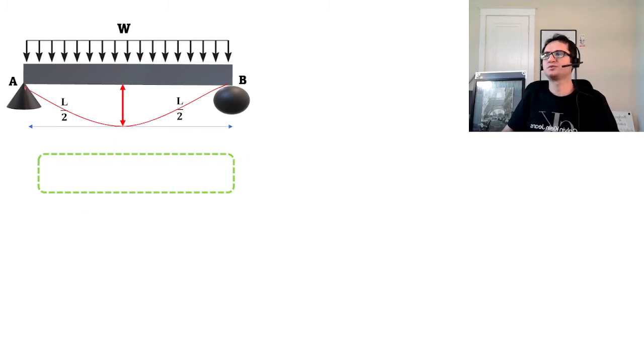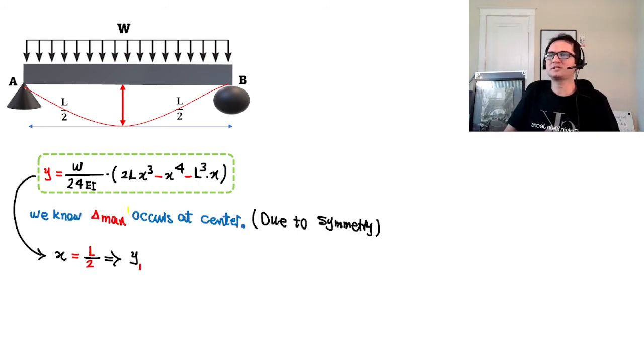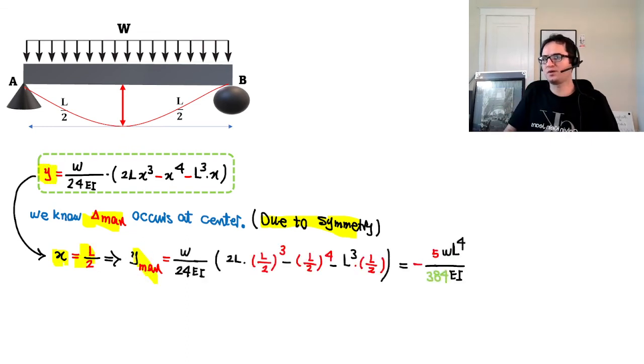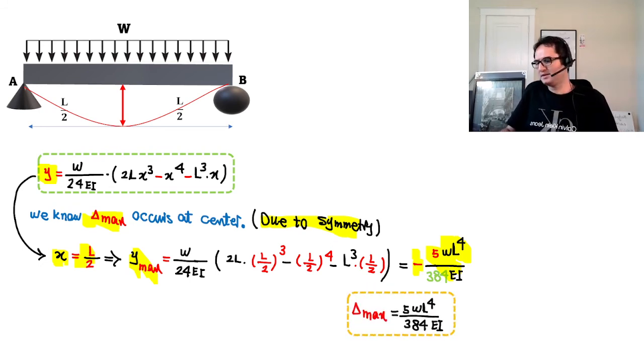Delta maximum, due to symmetry, happens at the center, so x is equal to L over 2 in this equation. Then y max is, as we already talked about, negative 5WL to the fourth over 384 EI. The negative is just the direction. So that's delta max.